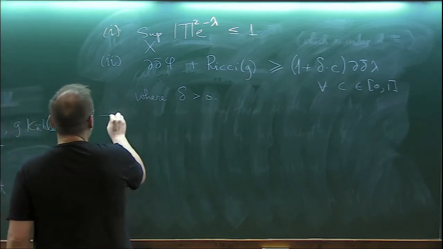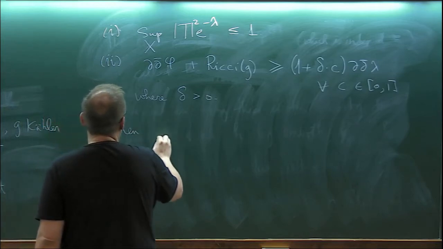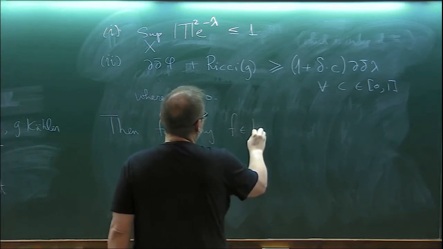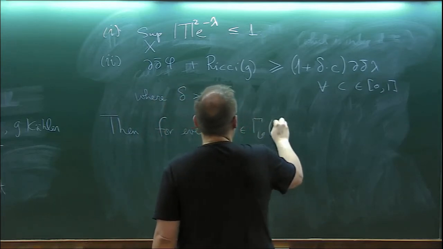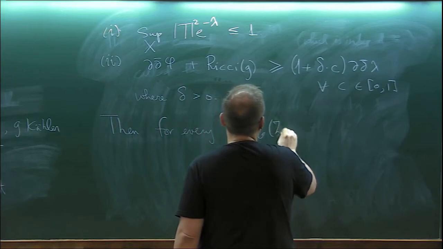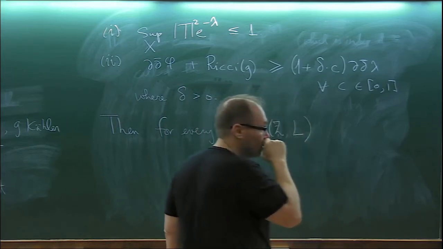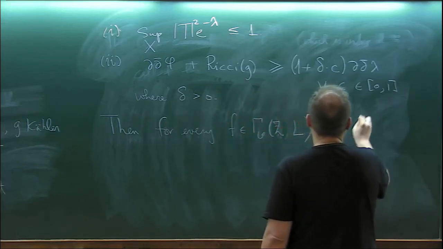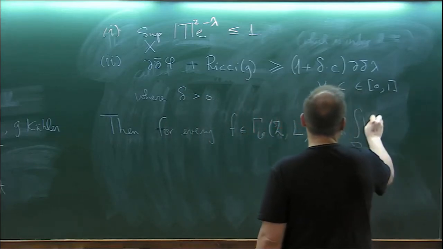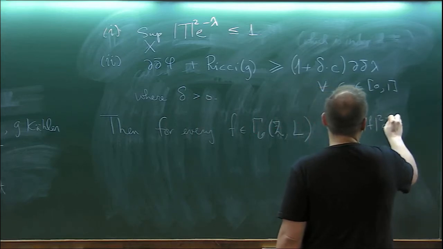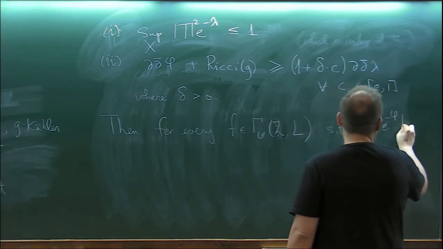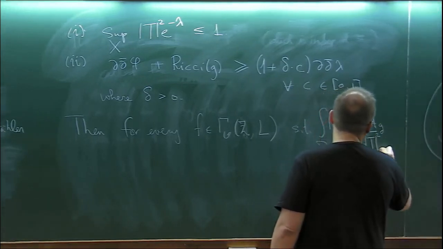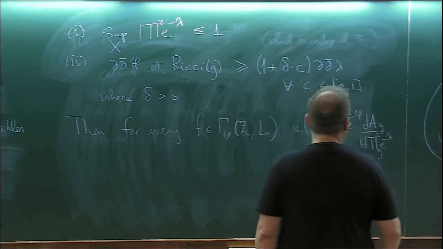Okay, so then the conclusion is that for every holomorphic section of L, not LZ, but L, along Z, such that the integral of f squared e to the minus phi dAg over dt squared g e to the minus lambda is finite.